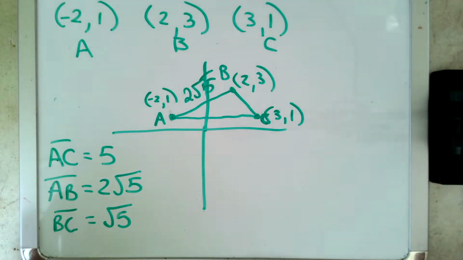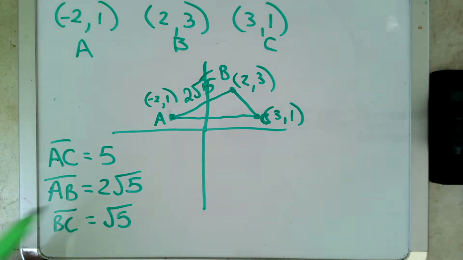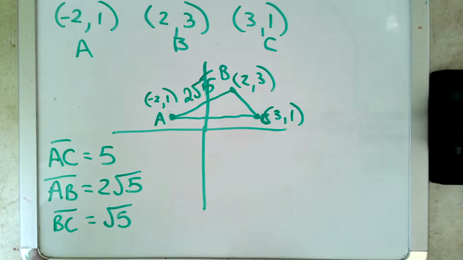Now, it wants to know the area of this triangle. So I have some fancy footwork that comes from advanced trigonometry, my law of cosines, that would allow me to work with knowing 3 sides but no angles. But before I pull out my big guns, I'm going to check and see if this is a right triangle, because if this is a right triangle, then I can find my area very easily.